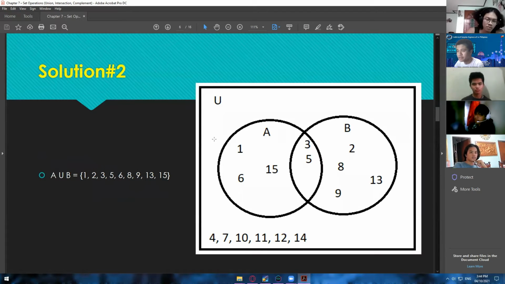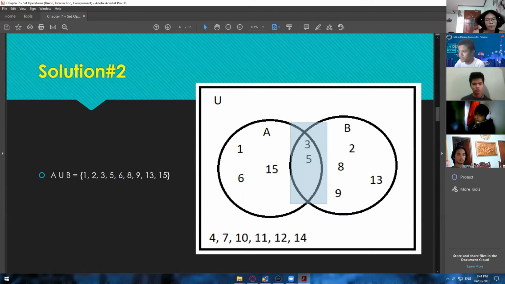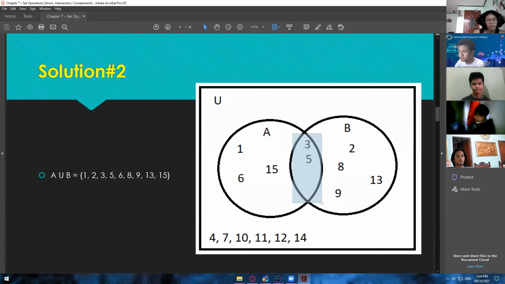After combining them, we put here the distinct elements of set A, then we put here the distinct elements of set B, and then we put here their common elements, which are 3 and 5. As you can see right here, 3 and 5 are repeated from both sides. So we have 3 right here, and we also have 3 right here. We only need one, so we can put them between these two sets A and B.